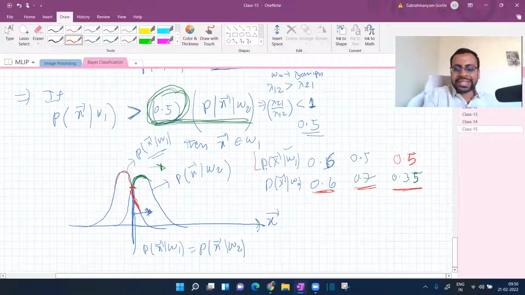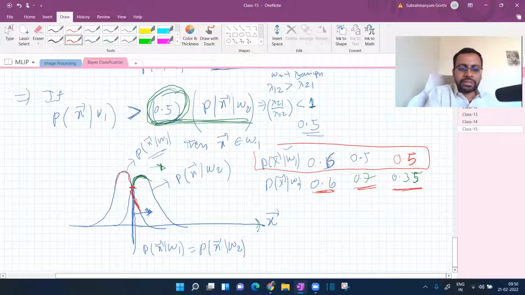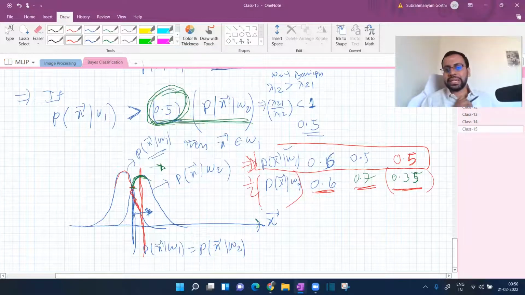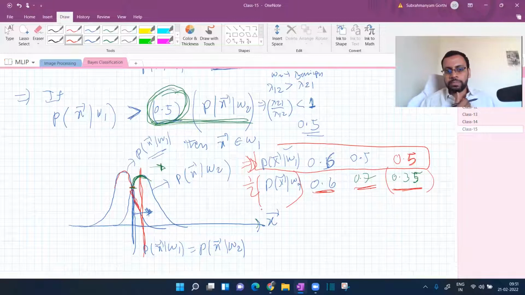So still this has higher probability, even when you made a move somewhere here. So still, since this is higher, then half of probability of omega bar of x2, you will still assign it to omega 1 or omega 2? Omega 1. That's all. Correct?